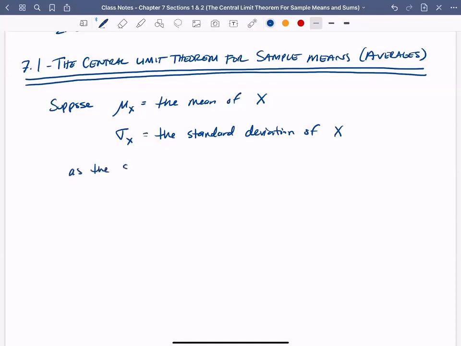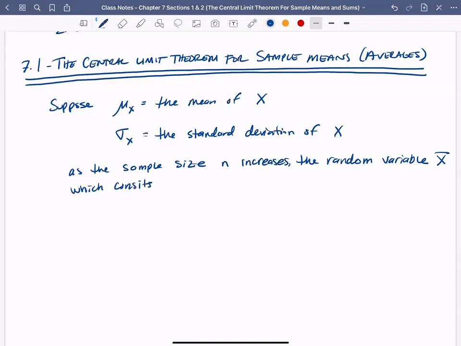As the sample size, we're going to use n for our sample size, as sample size n increases, the random variable x bar, which consists of sample means, tends to be normally distributed.